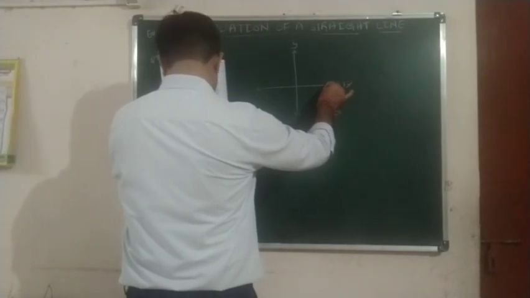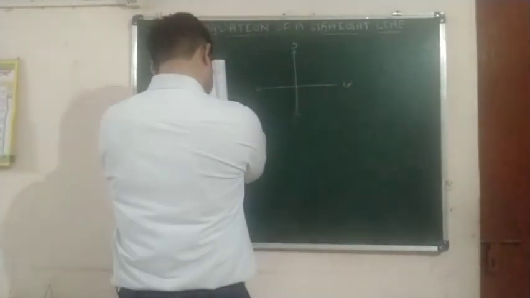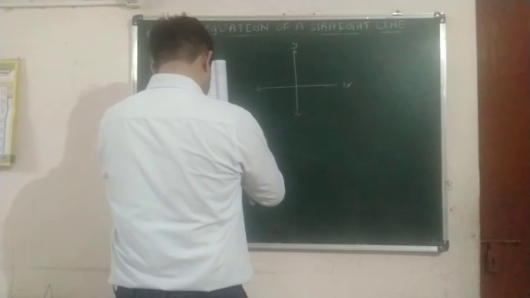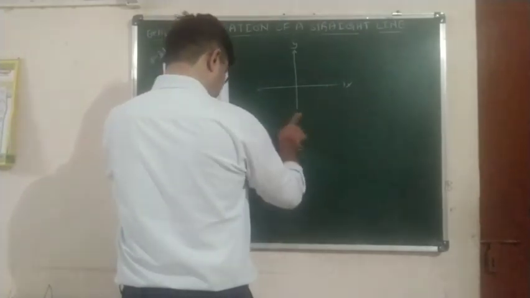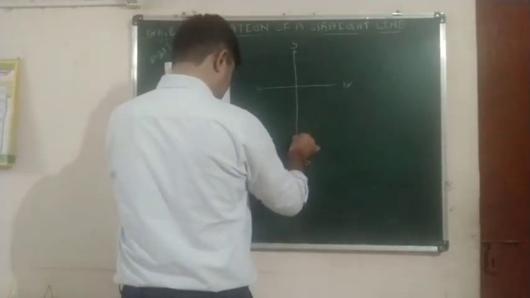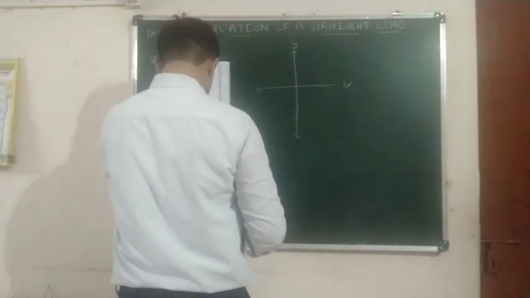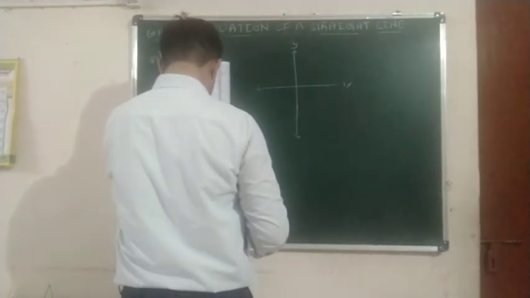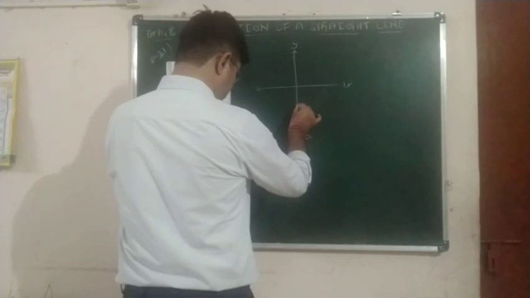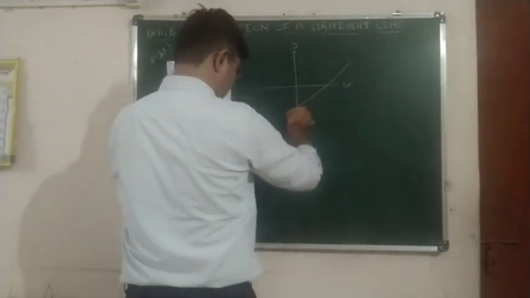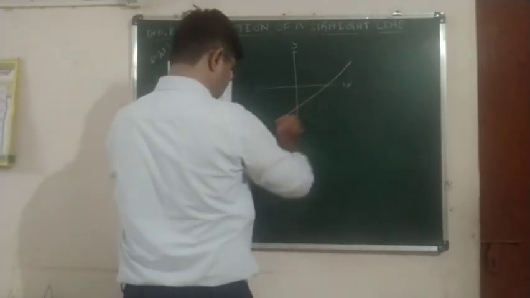Okay, and if you put x is equal to 0, then y will be something like this. So this line must be passing in this way.